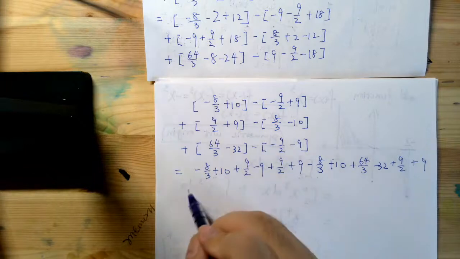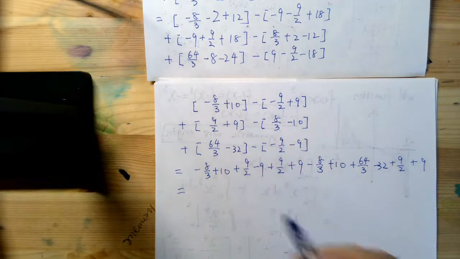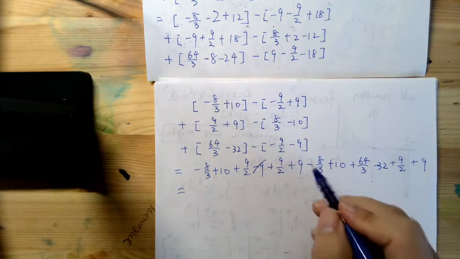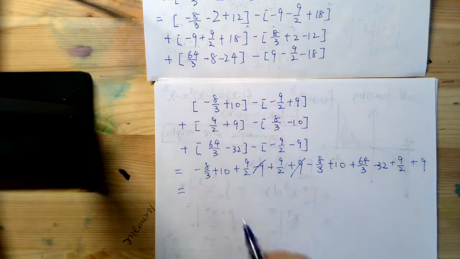Should be good. So let's see if there is anything we can cancel. We have a minus 9 here and a plus 9, so we can cancel those. I think that's all we can cancel.